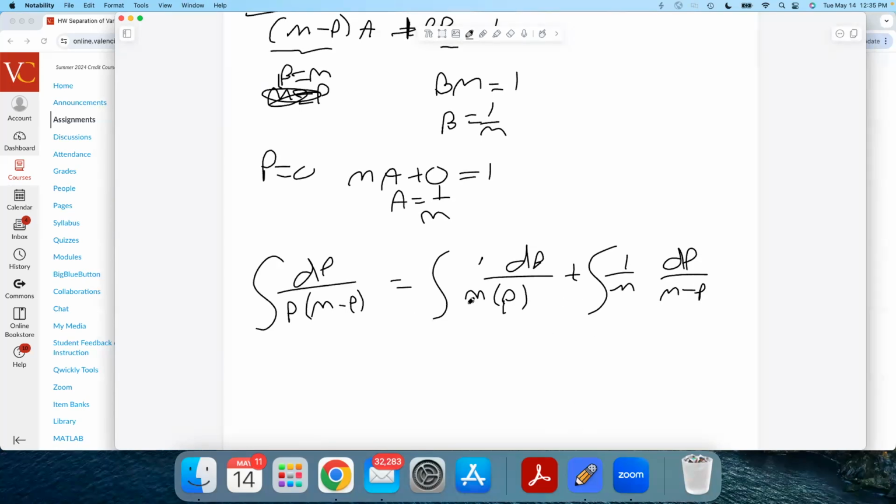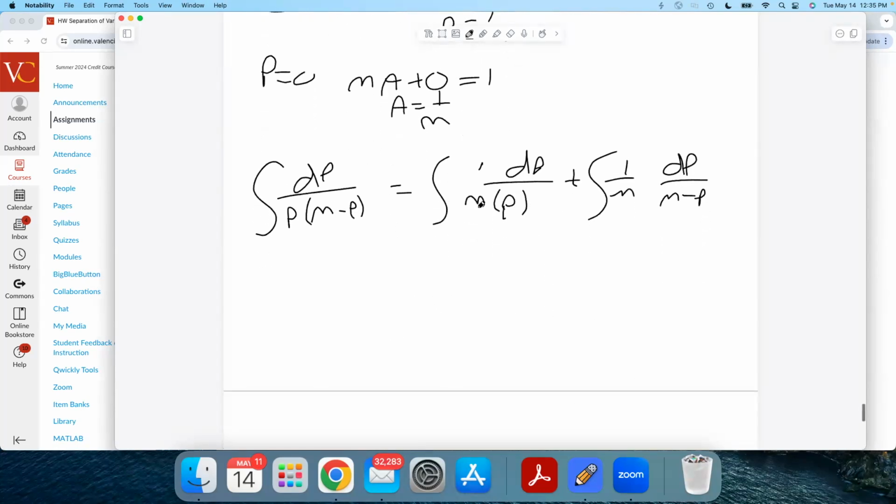Now I can integrate each of these separately. The 1 over M, I could just factor out. That just comes along for the ride. The antiderivative of 1 over P dP is the natural log of the absolute value of P. We're going to ignore the absolute value here in a minute. I factored out the 1 over M. I got to be careful here.